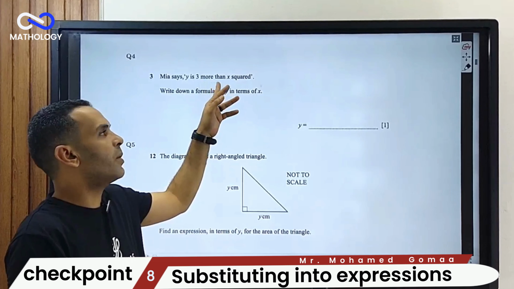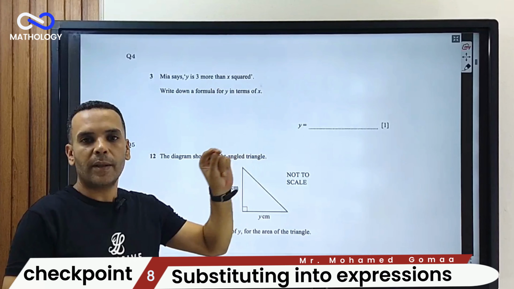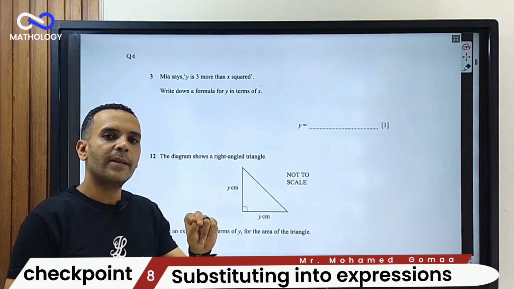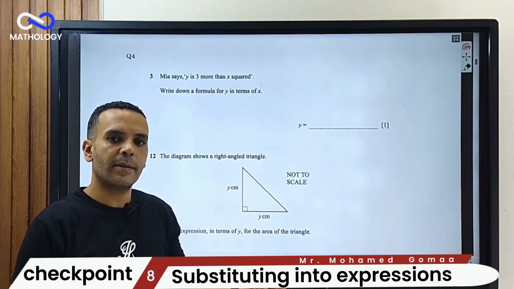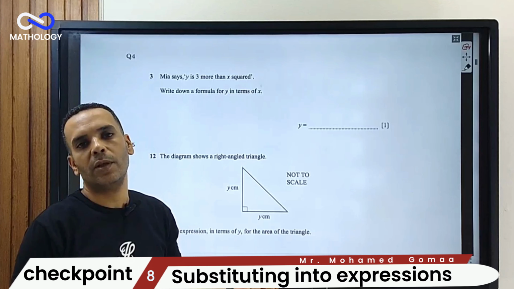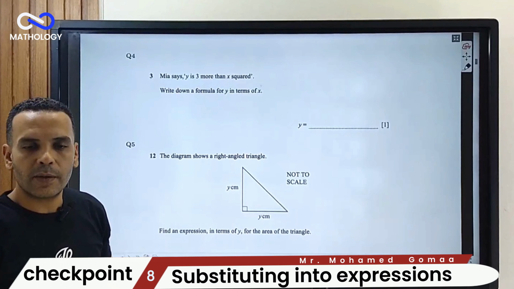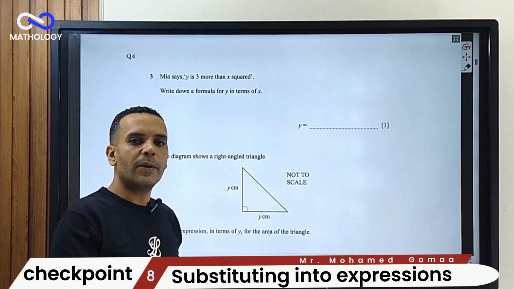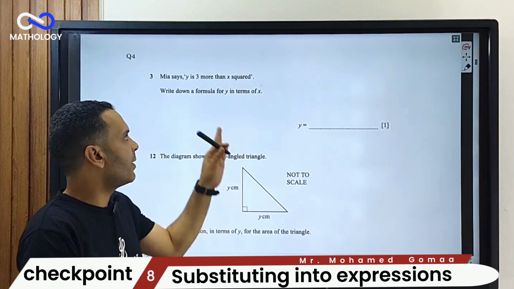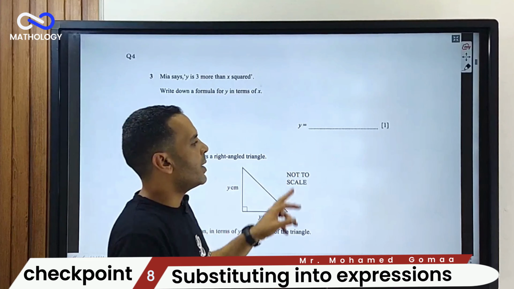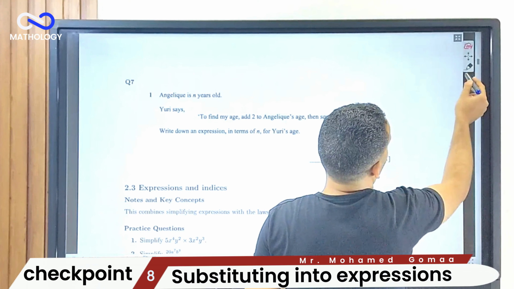No, 3 more than x squared. That means you have to get x squared first. Firstly, get x squared, then add 3 to get y. To get y, get x power 2, then add 3. 3 more than x squared. Y equals x squared plus 3.